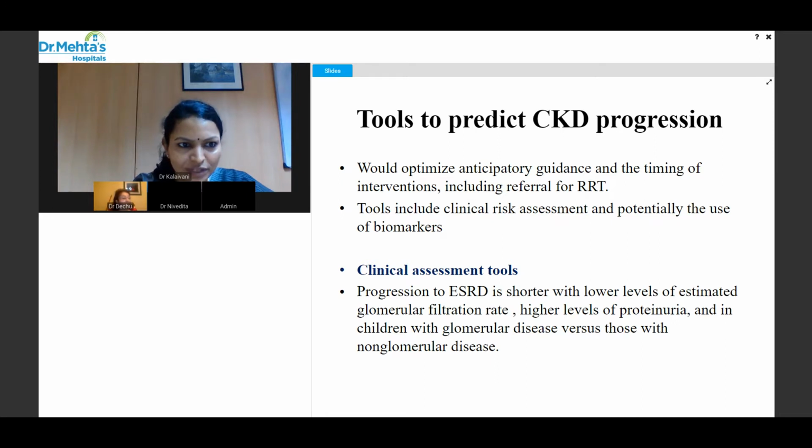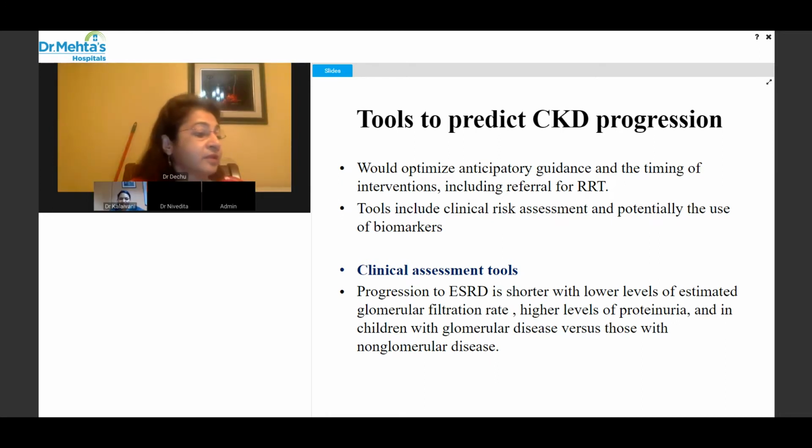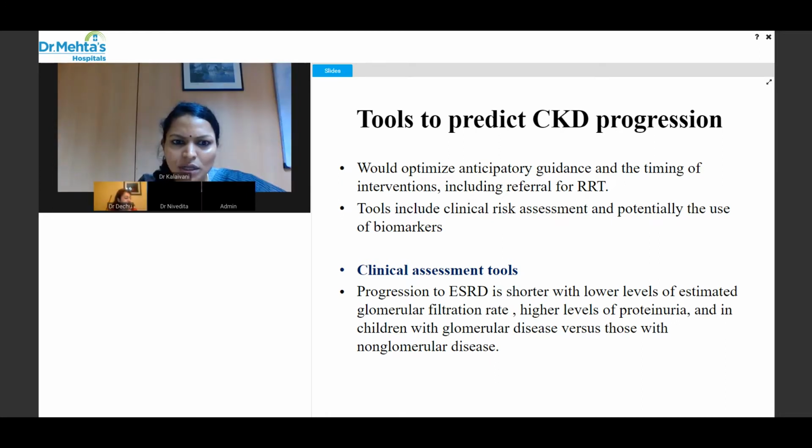Yes, to me. So the tools to predict CKD progression are meant to tell how early we should refer them for renal replacement therapy. For the clinical assessment, the progression to ESRD is shorter with lower levels of estimated GFR, higher levels of proteinuria, and in children with glomerular disease versus those with non-glomerular disease.